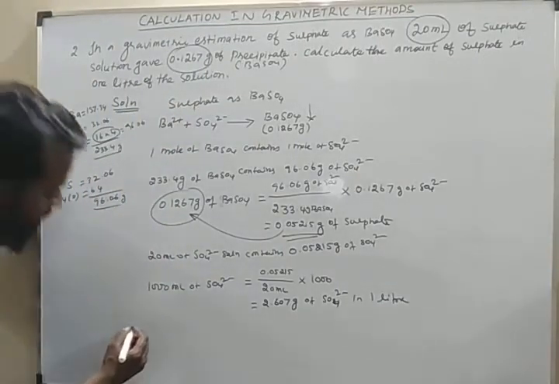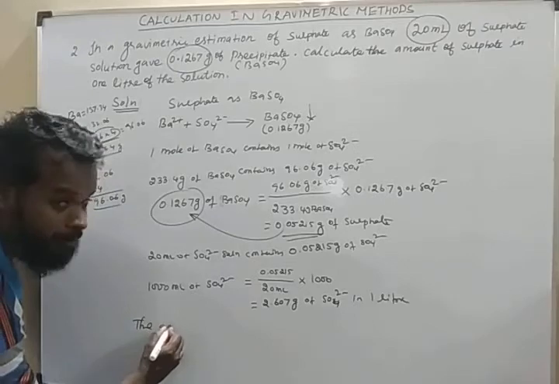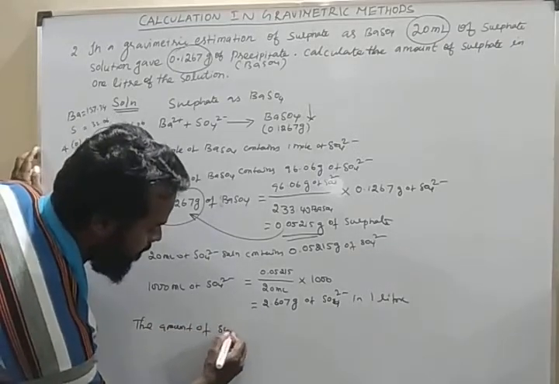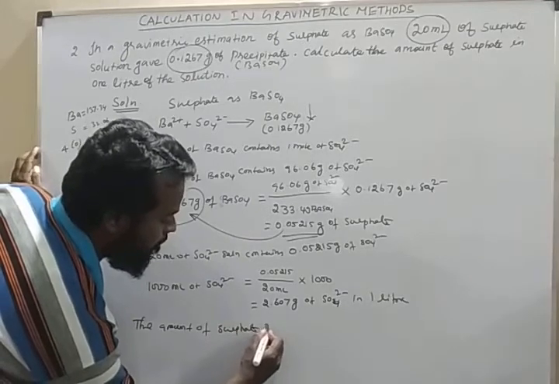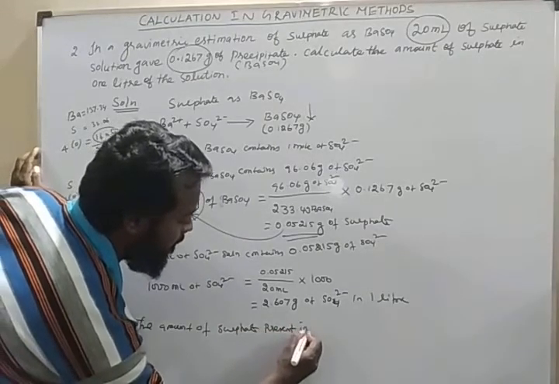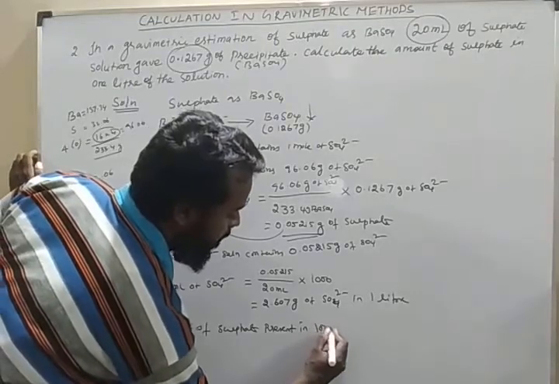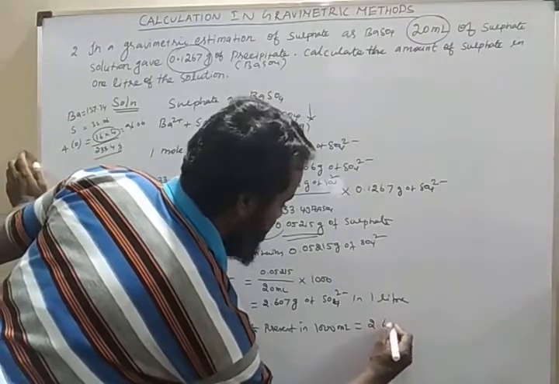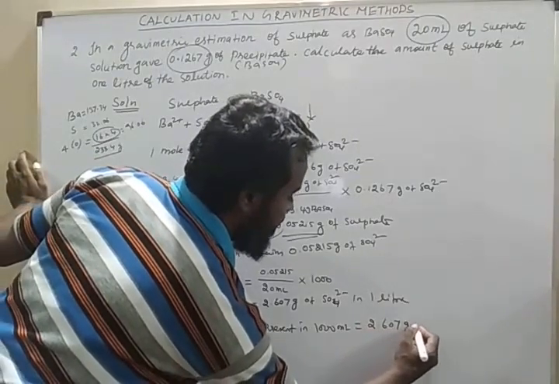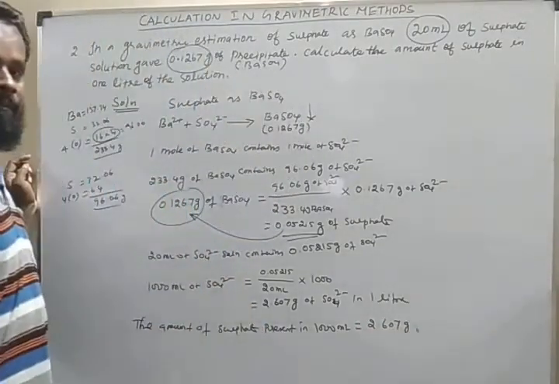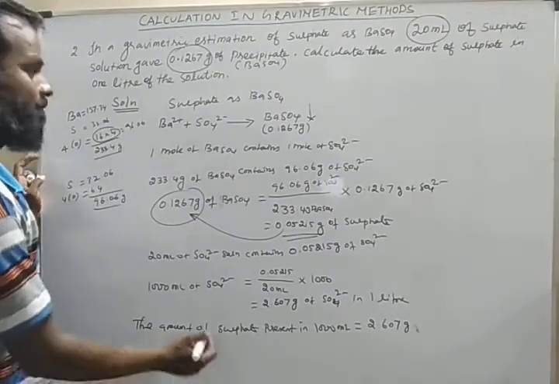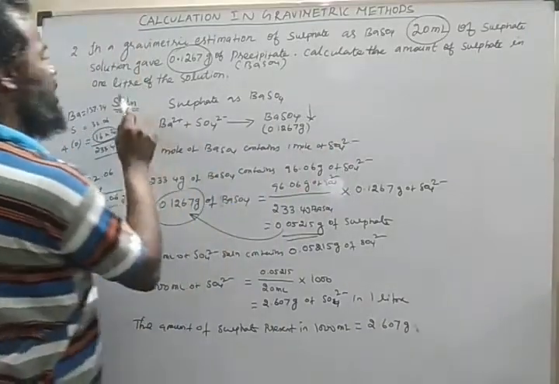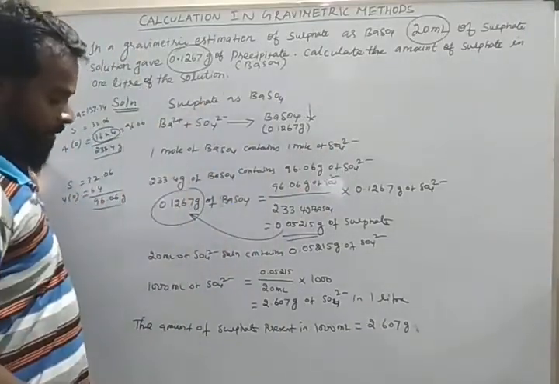Therefore, the amount of sulfate present in 1000 ml is equal to 2.607 gram. So we got the solution for this problem. The question asked us to calculate the amount of sulfate in 1 liter of the solution.